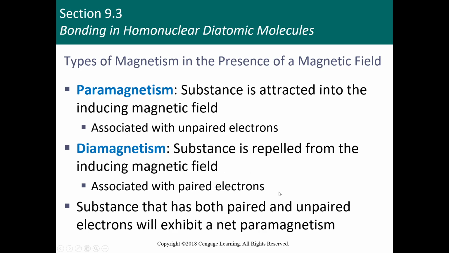So, a substance that has both paired and unpaired electrons will actually exhibit net paramagnetism. Again, you're looking at atoms in this case, not molecular orbitals.